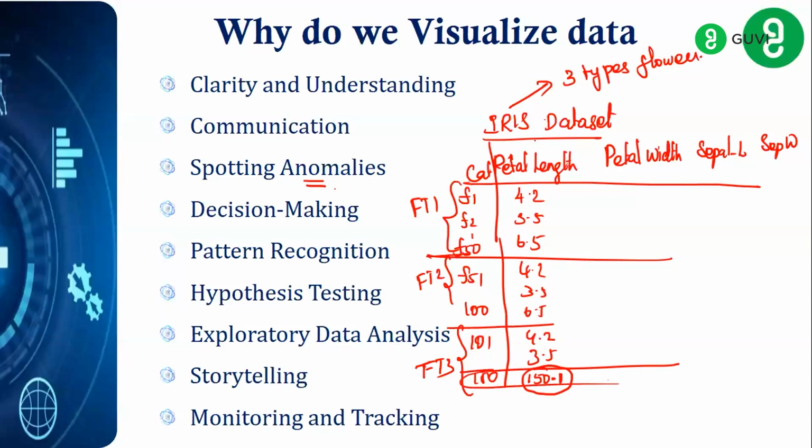Because for petal length, for this particular feature, all the values belong to 4 to 6, maximum 4 to 7, yes or no? Maybe 3 to 7, whatever. But this 150 is a huge value, no?